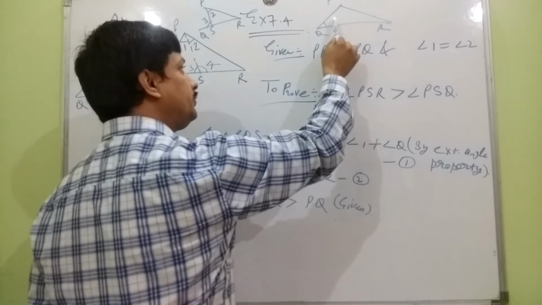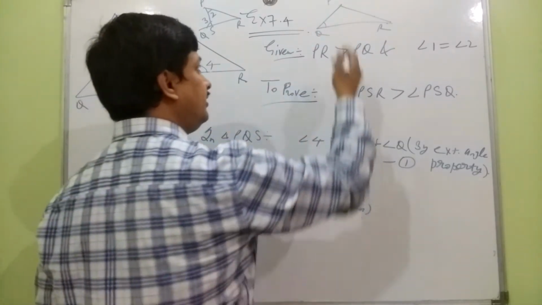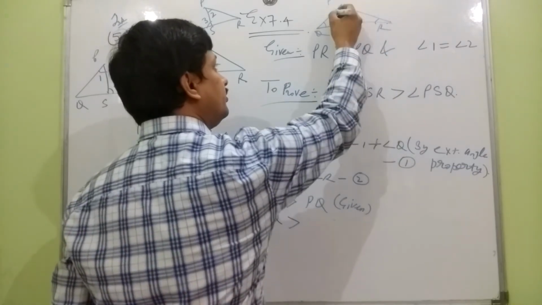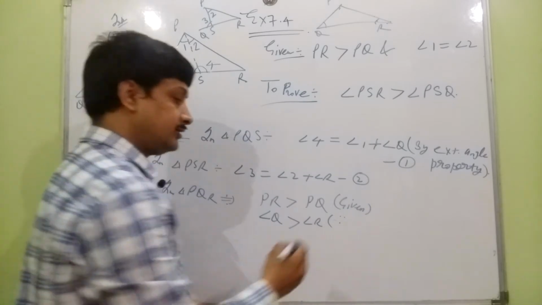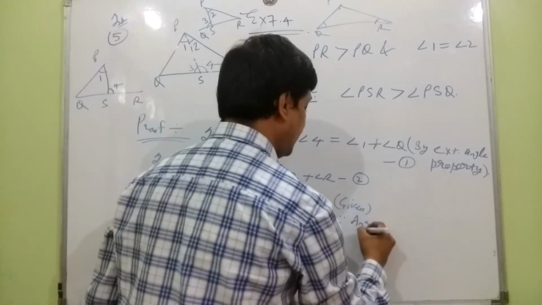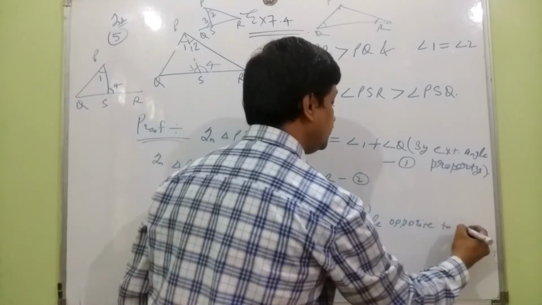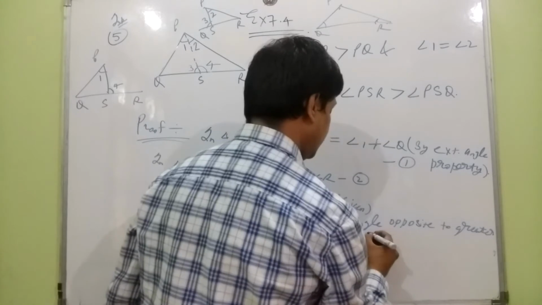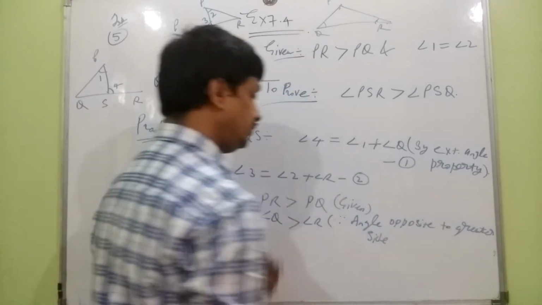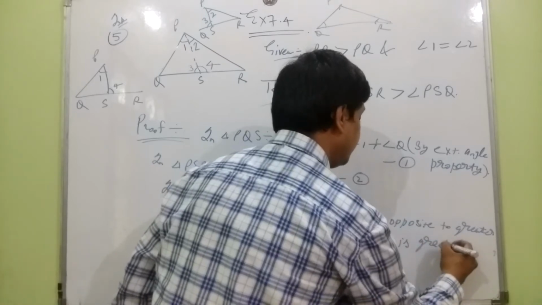So what is the angle opposite to PR? It is angle Q, which will be greater than the angle opposite to PQ, which is angle R. So you can write the reason: since angle opposite to the greater side is greater.